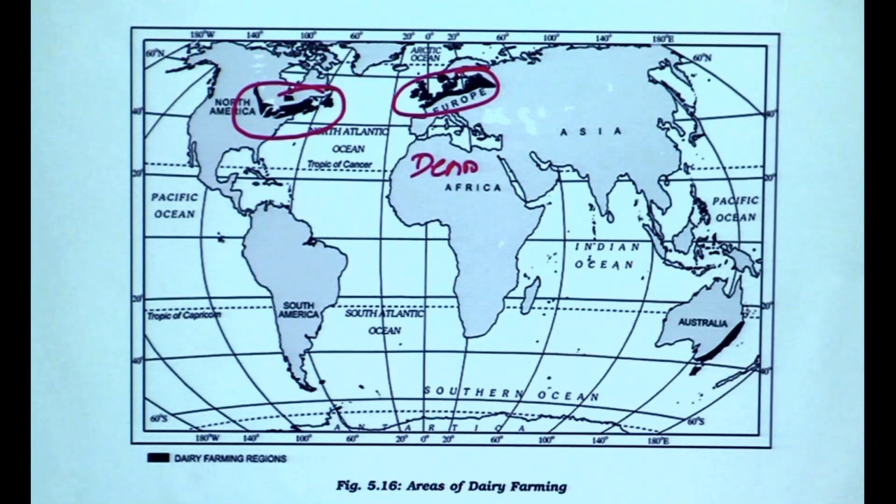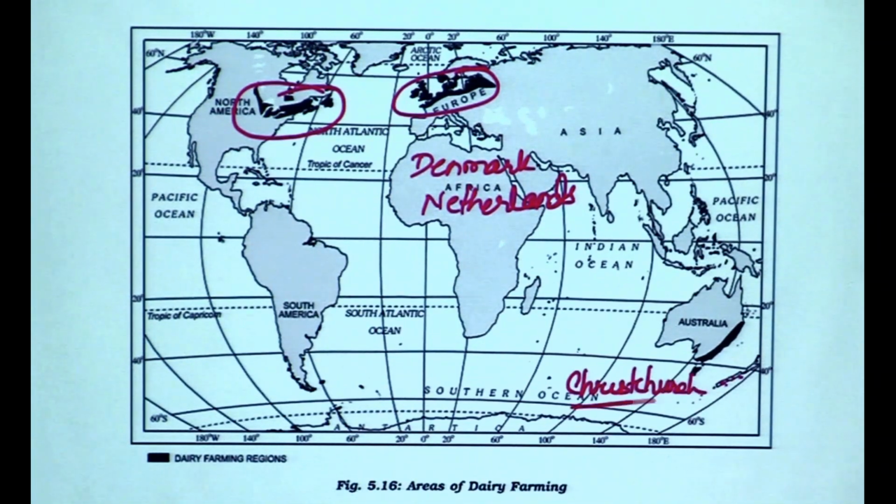Denmark, Netherlands, Canada, USA by default. And here it is, Australia, not visible here, Canterbury Plains, Christchurch, and Australia. Major areas of commercial dairy farming.